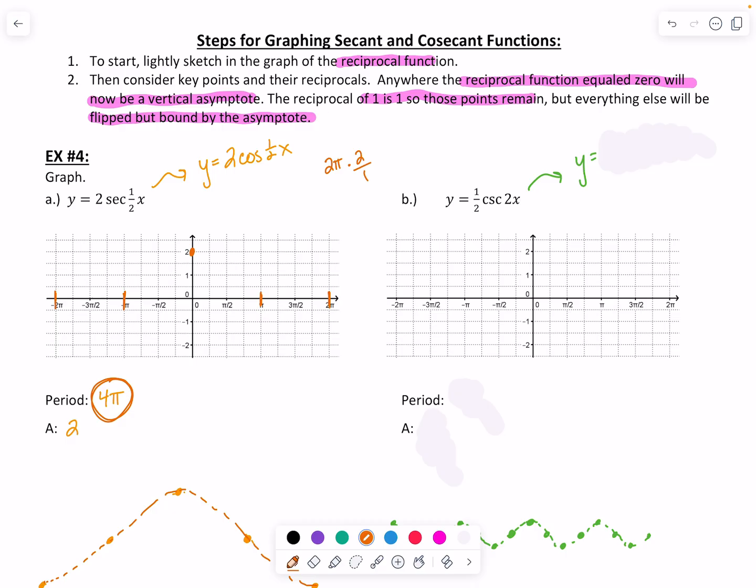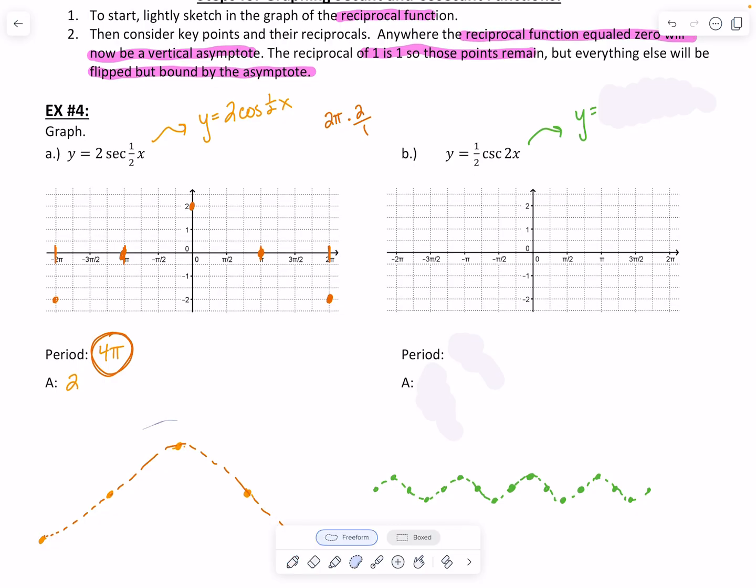So if I start at 2, I normally would go down to 0, and then I normally would go down to negative 2. If I work backwards, I'm going to go to 0, and then I'm going to go down to negative 2. So my light sketch of my cosine graph would look something like that, right?